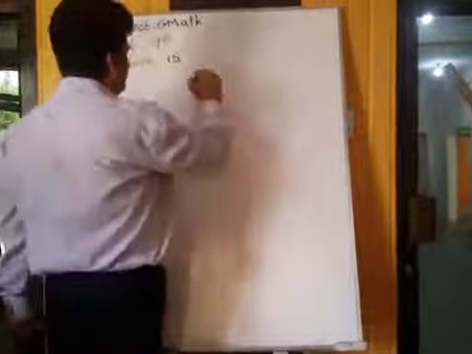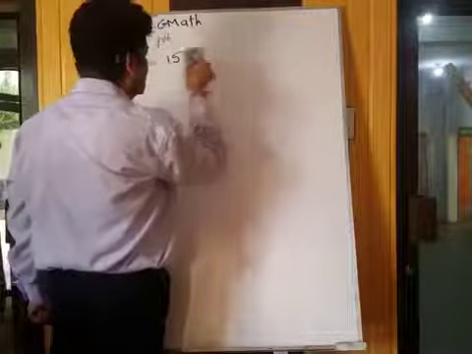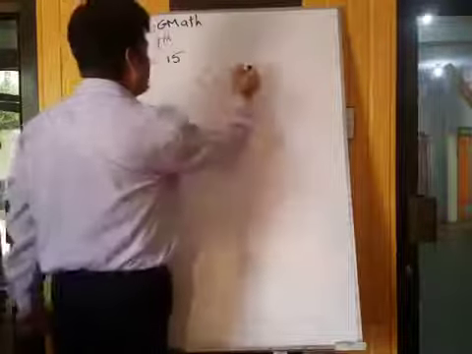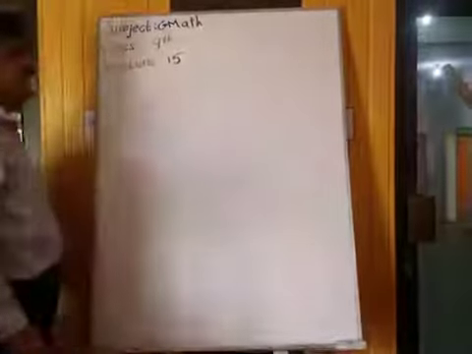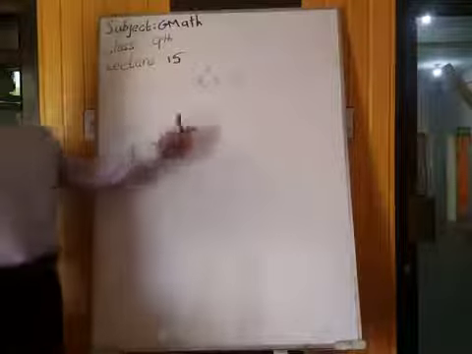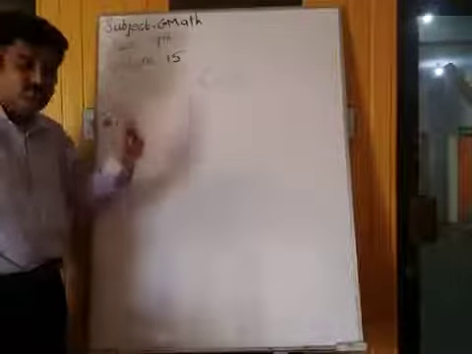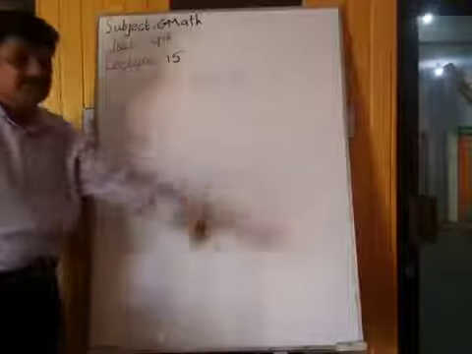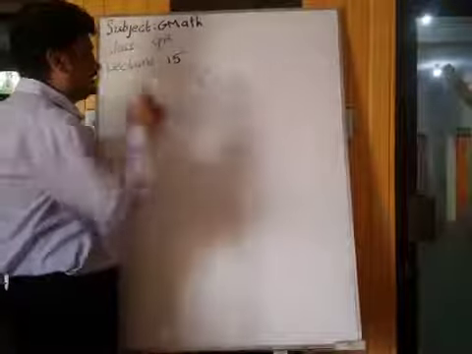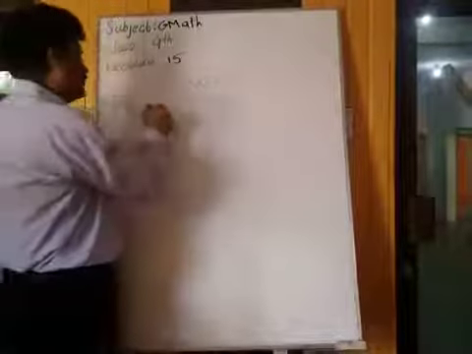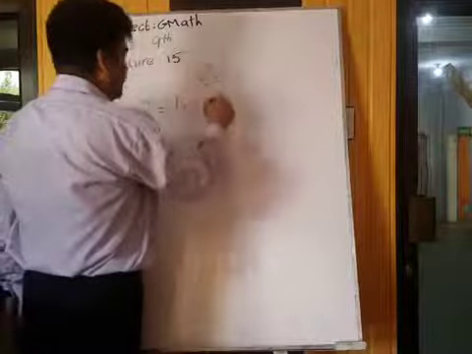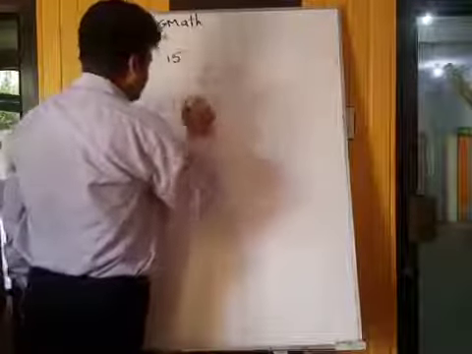Terminology. For example, x raised to the power 2 is equal to y. In this terminology, we know the power or index is always the log of a number. We say that 2 is the log of y to the base x. We read it as 2 is the log of y to the base x.